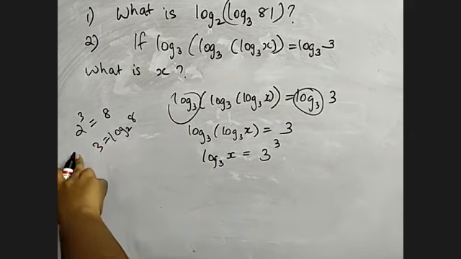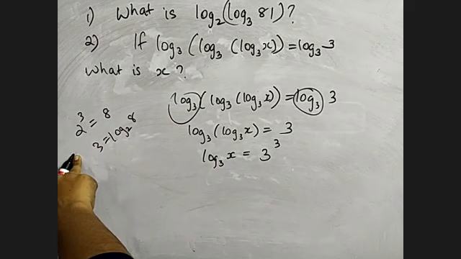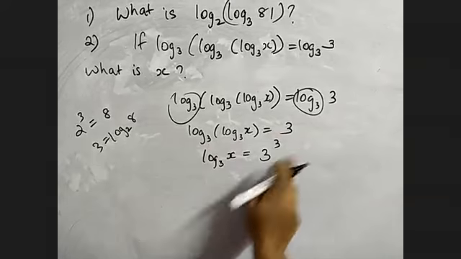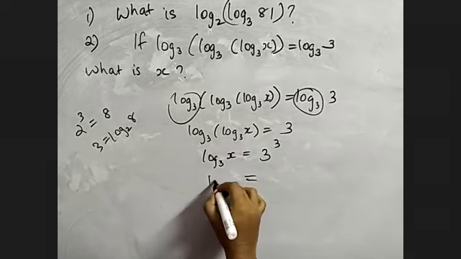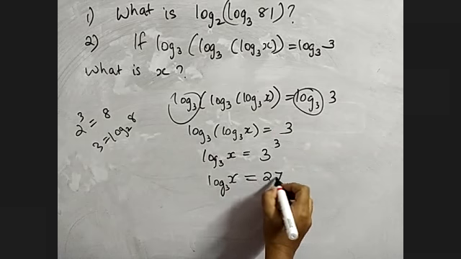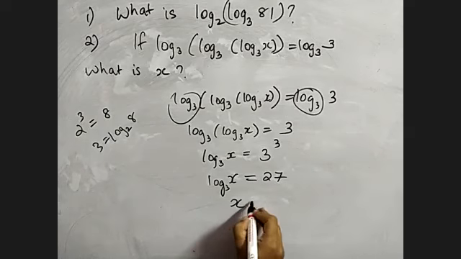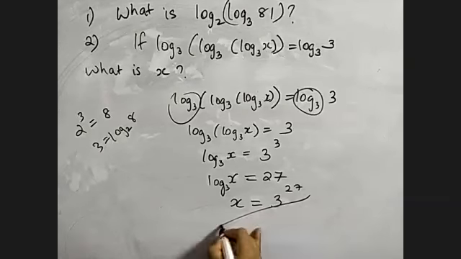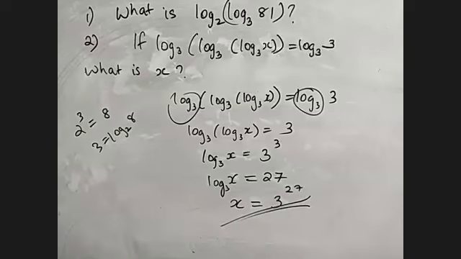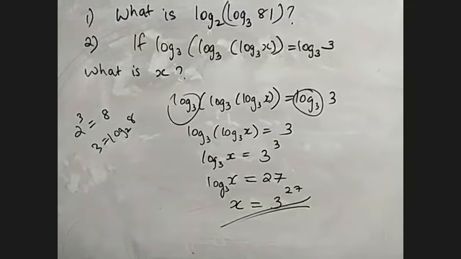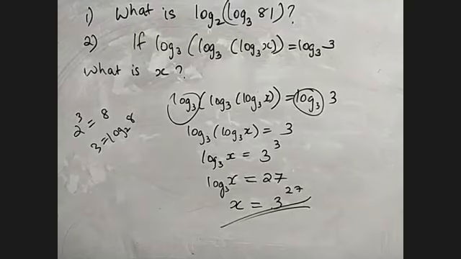So similarly, I am taking this to this side. So that is log to the base 3 x is equal to 27. What is x? x is 3 raised to 27. Okay, clear? Yes, ma'am.